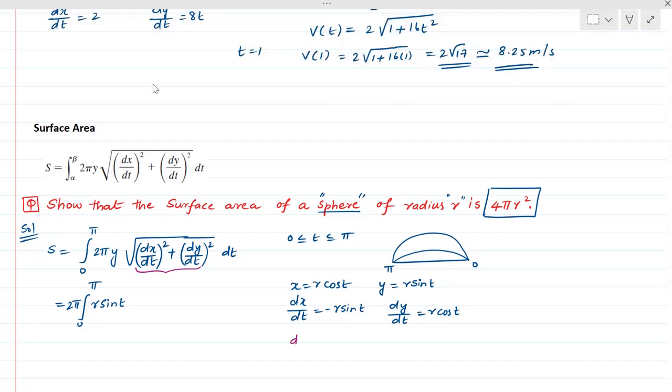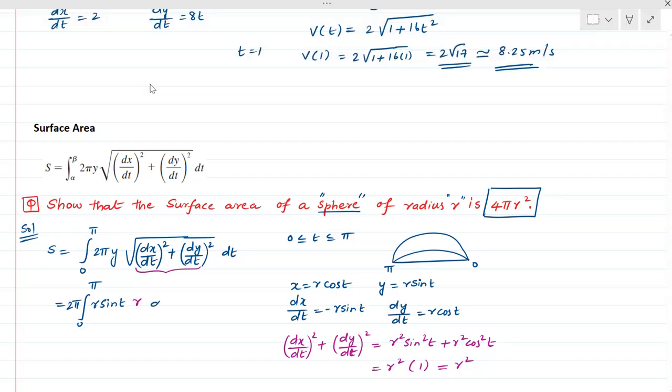When you square, dx over dt whole squared plus dy over dt whole squared implies r squared sine squared plus r squared cosine squared. If you take r squared as a common factor, you get sine squared plus cosine squared, which is equal to 1. So it is equal to r squared. When you take the square root, it becomes just r.